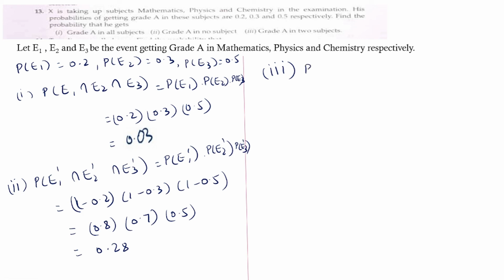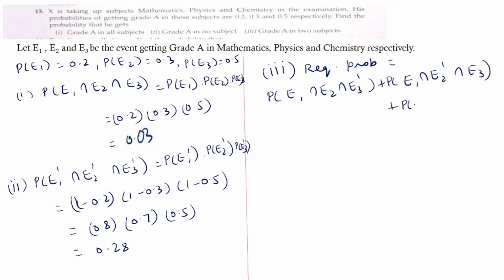So the required probability is probability of E1 intersection E2 intersection E3 complement plus probability of E1 intersection E2 complement intersection E3 plus probability of E1 complement intersection E2 intersection E3.